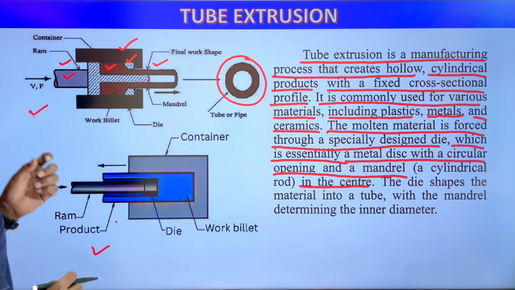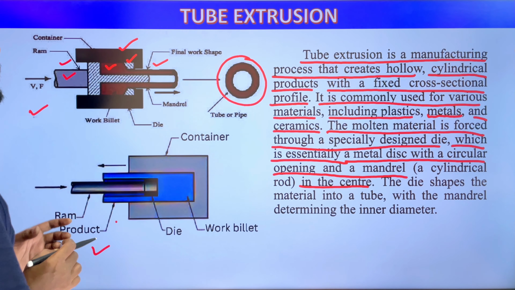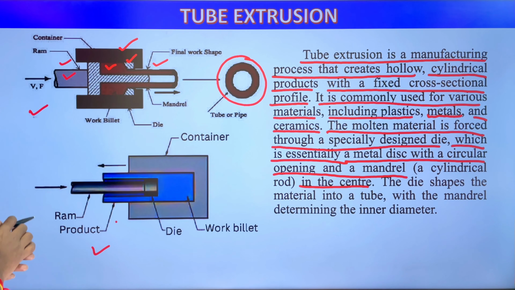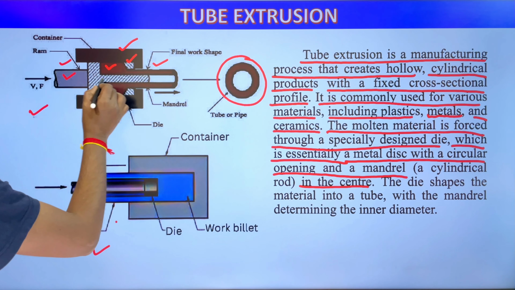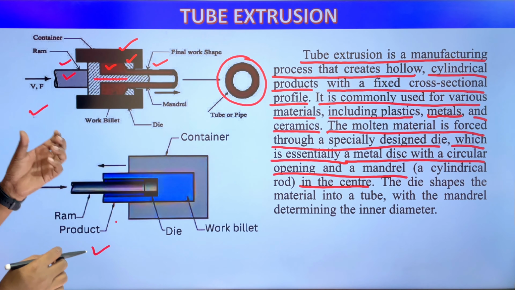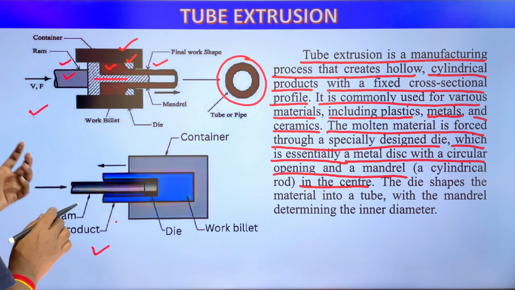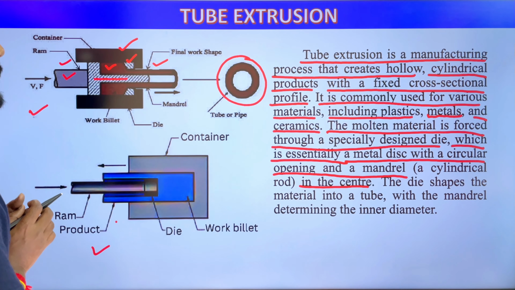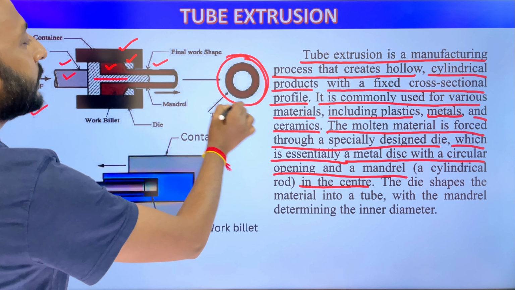But here is a little element has been added. The element is mandrel. This is mandrel. Mandrel is like circular rod. The mandrel is helping to produce tube type product or pipe fittings product or like this type product.